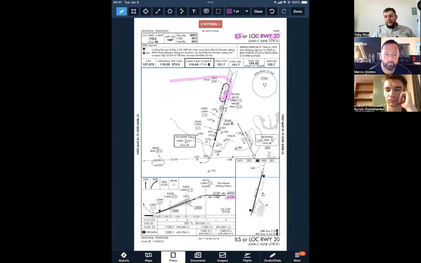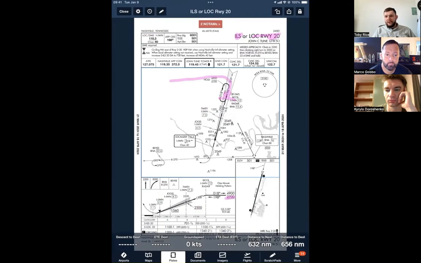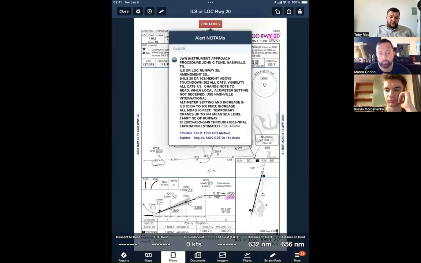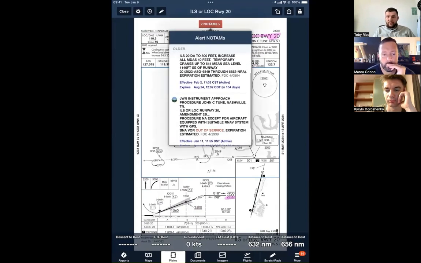And I tuned the localizer, and the localizer was alive, but the glide slope was showing a flag, an in-out flag. So I waited a minute to see if it would come in or out, because sometimes the signal can be glitchy, and the glide slope just might not work that day. But I didn't see any NOTAMs. The NOTAMs were not saying there was a glide slope failure.